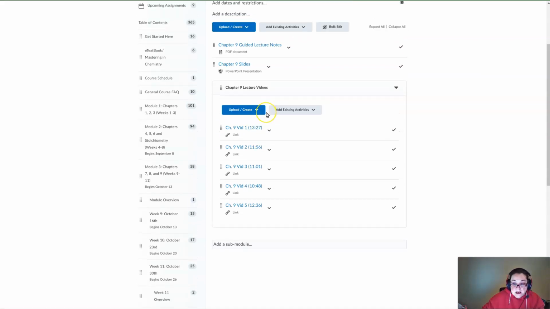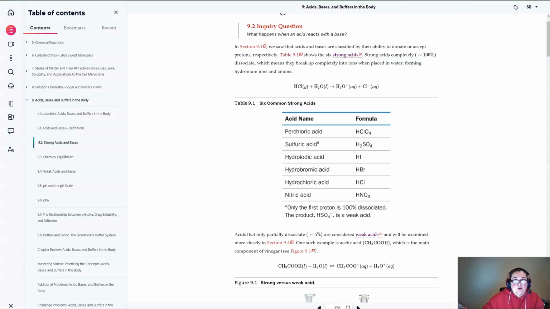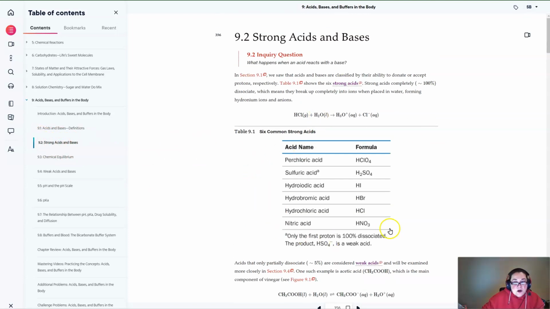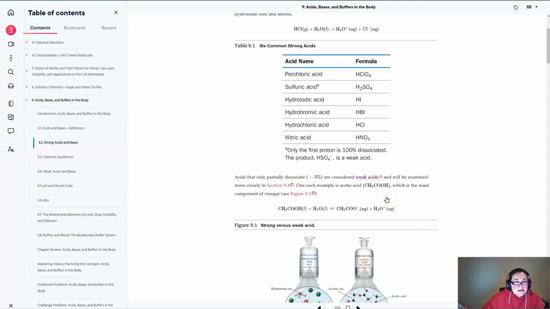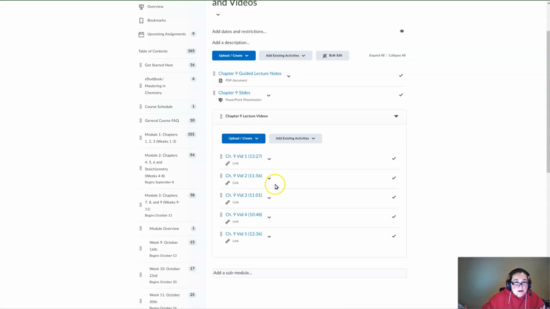Essentially, you have to memorize the strong acids and strong bases and know which ones are strong versus which ones are weak. This is your textbook. I've jumped over here to chapter 9. This was section 2, and it does go through a list in section 2, but they are summarized really well for you in these 2 videos.